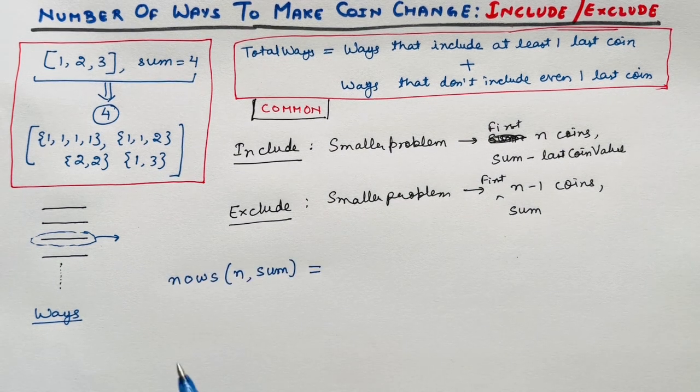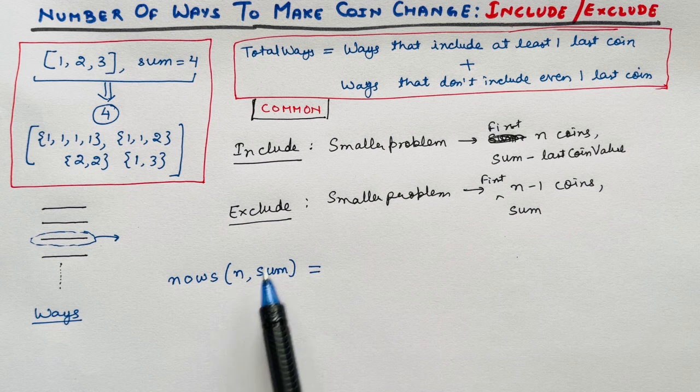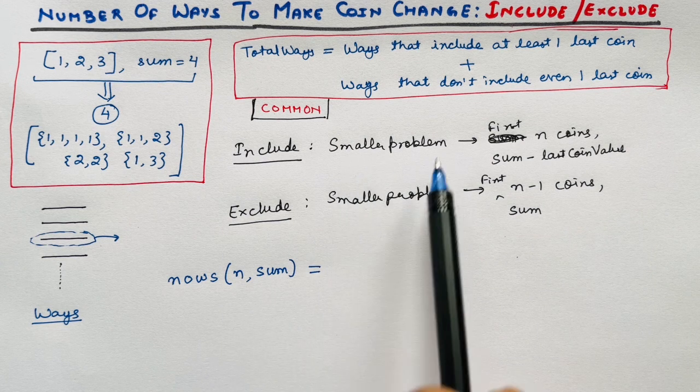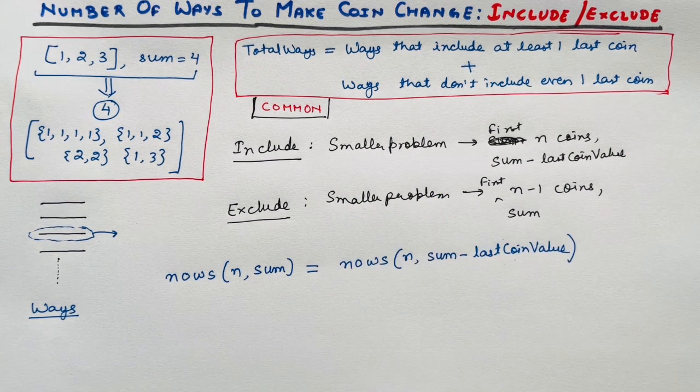So if we are representing our original problem as number of ways to form sum using first n coins, then how will we represent our first smaller problem? It will be number of ways of forming sum minus last coin value by using first n coins.